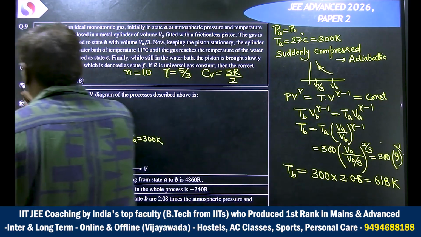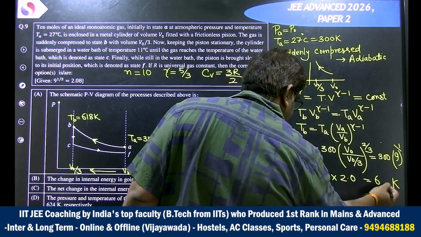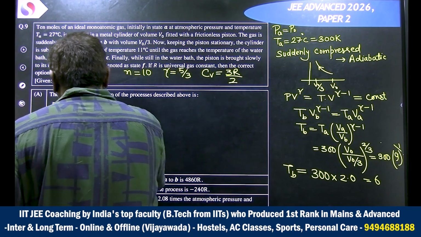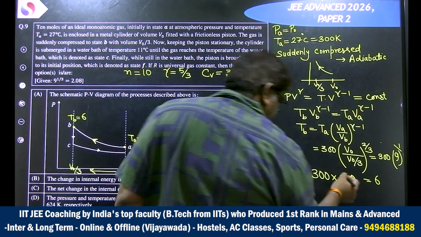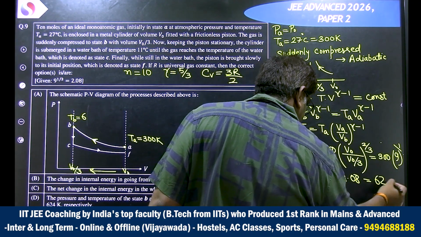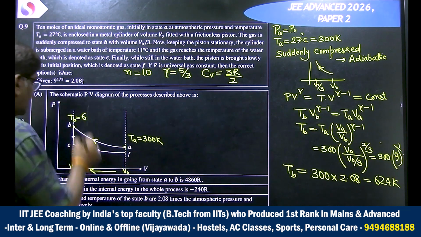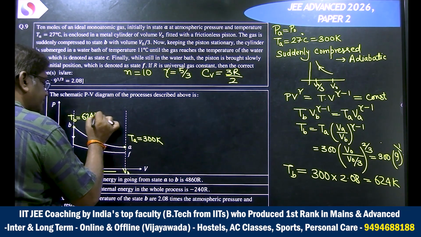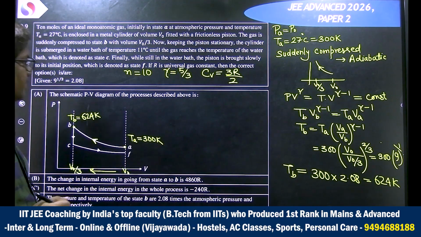Wait, I put the wrong value here. As given in the question, this is 2.08. So that means it will be 3 times 208, 624 Kelvin. 624 Kelvin is the temperature which is coming. Fine.